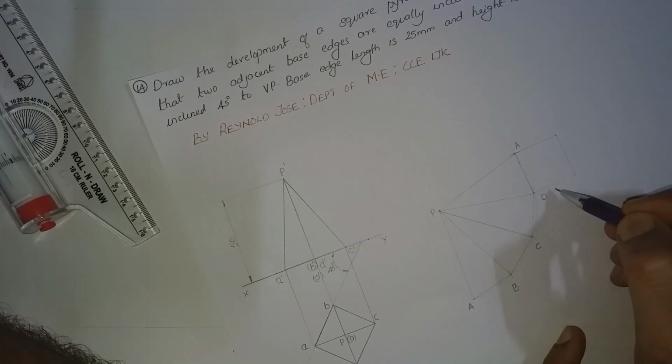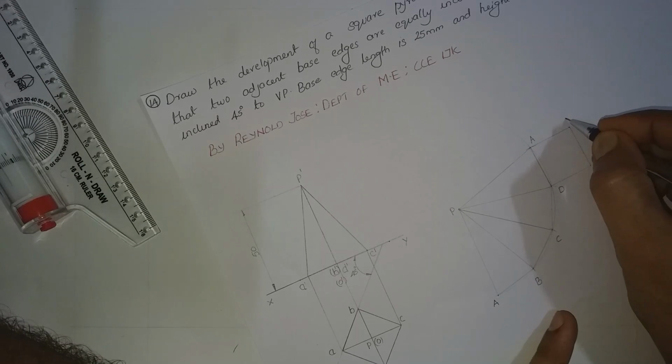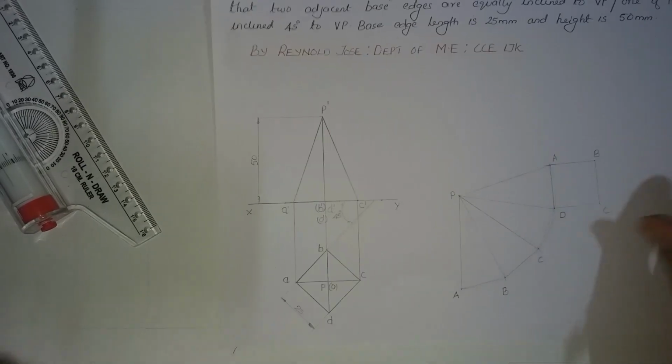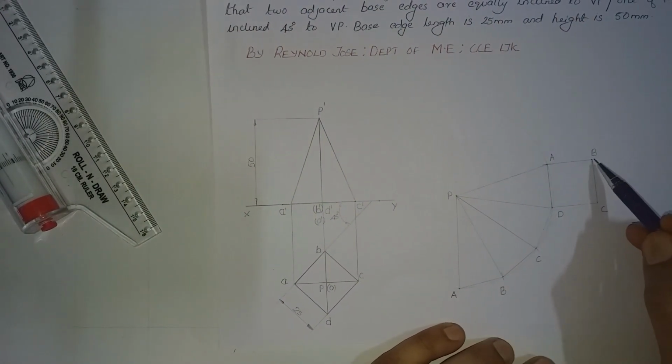Now we shall name the base also. If this is A, this will be point B and this will be point C, so that when you do the reverse procedure, C will be here and B will be at this point.